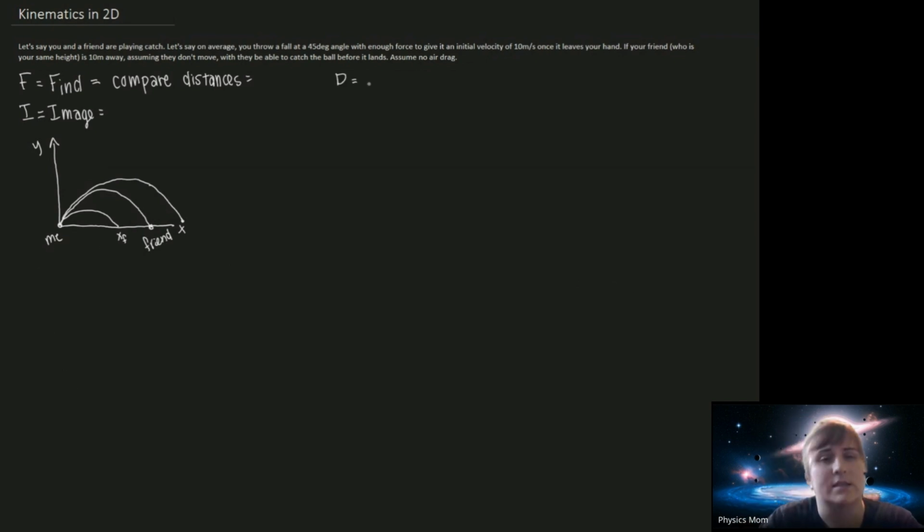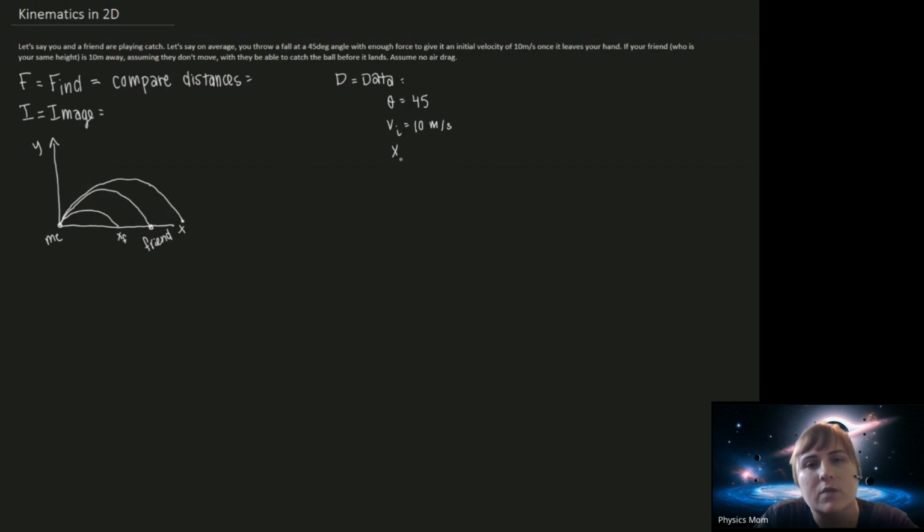The D stands for data. And this is essentially the values you're given in your problem. So in this case, I know that my angle theta is 45 degrees. My initial velocity is 10 meters per second. I know that my friend, so we'll say X final, well, maybe let's not denote it as XF.